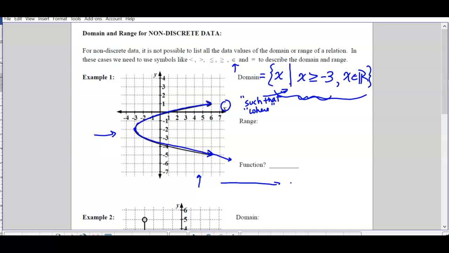So when basically y can be any real number, then we write all values of y where y is an element of the set of real numbers. We don't need an inequality. Don't start putting one in, it gets too confusing because you're trying to show all real numbers, and that's what you want to show. Is this a function? No, because of the vertical line test.